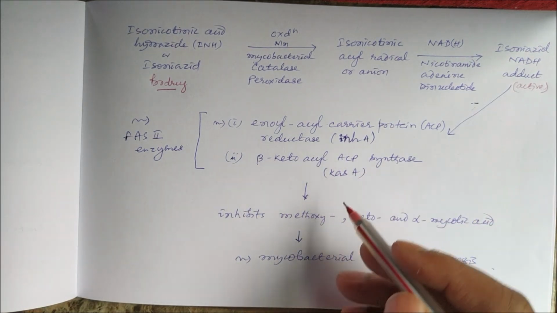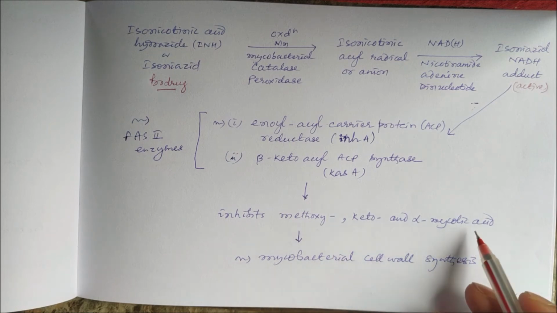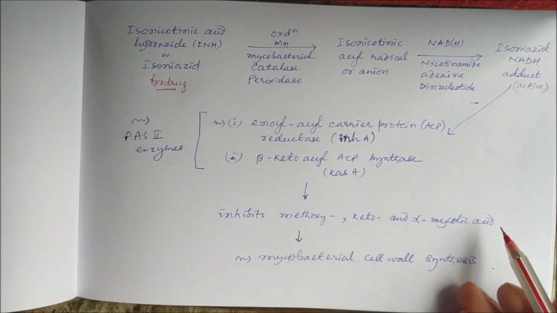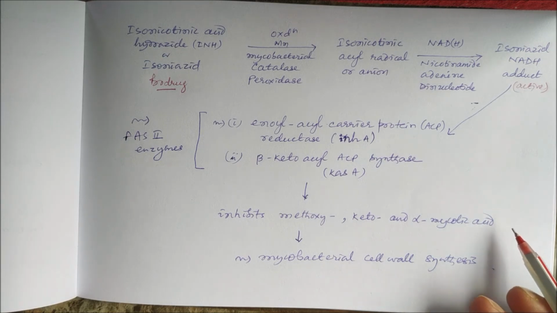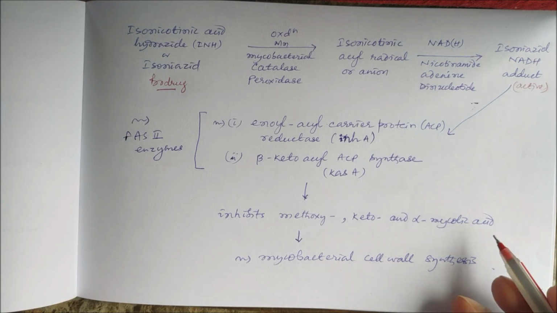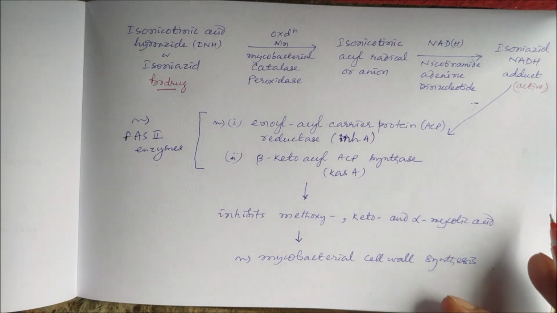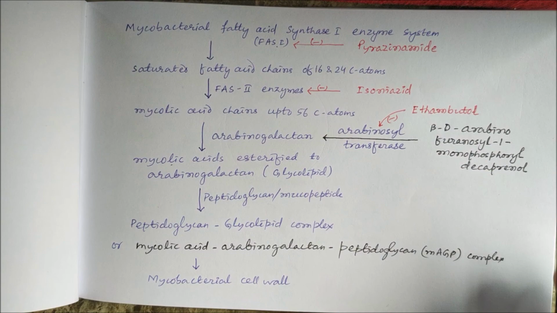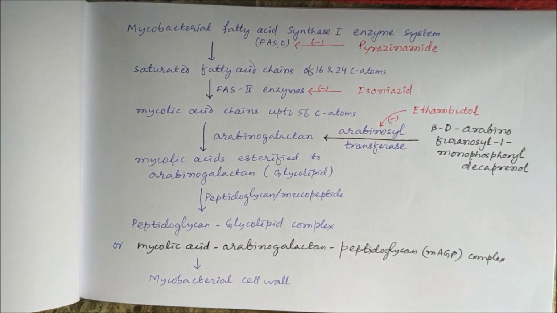So it inhibits all three forms of mycolic acid: methoxy, keto, and alpha mycolic acid. Thereby, by inhibiting mycolic acid synthesis, it inhibits the mycobacterial cell wall synthesis. So this is all about the mechanism of action of isoniazid. Thank you.